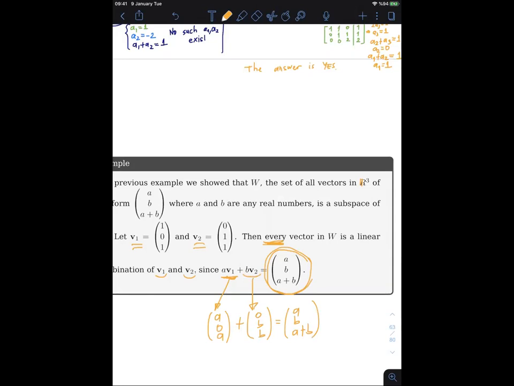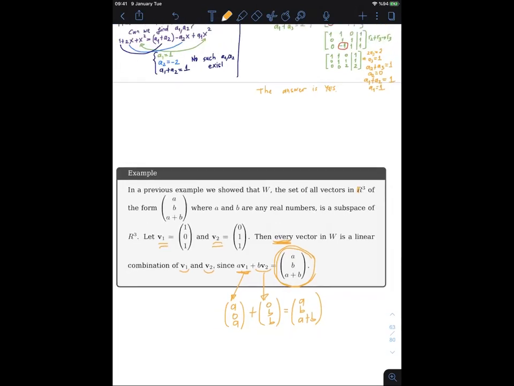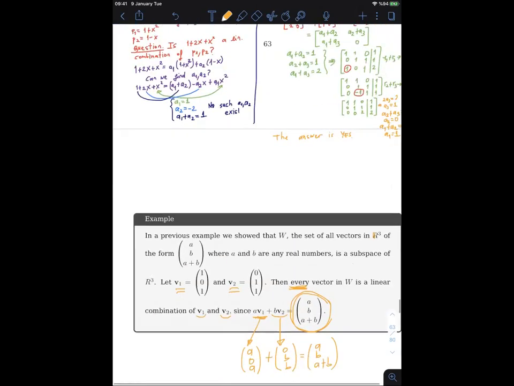What is the importance of this? We will see it, okay? In a sense, we're describing infinitely many elements like this by just 2 vectors, okay? This is a very important idea that we will see in the next sections.